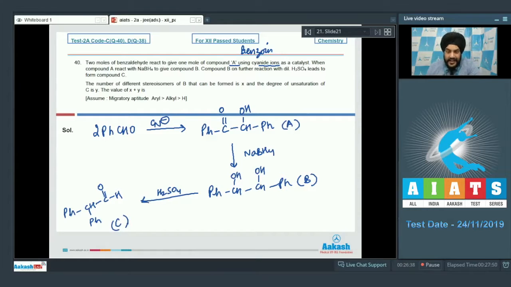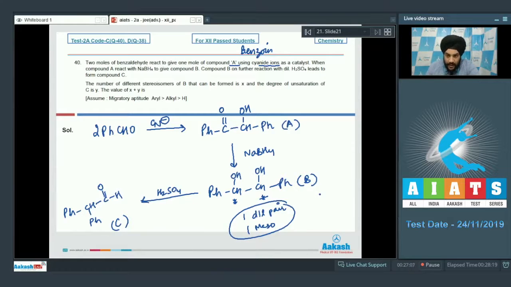Now the examiner seems to be interested in the number of different stereoisomers that can be formed for B. So the number of different stereoisomers for B is 3. There are 2 chiral centers, but the compound is a symmetrical one. So there will be one DL pair, whereas the other compound will be meso. So a total of 3 stereoisomers are possible for the compound B.